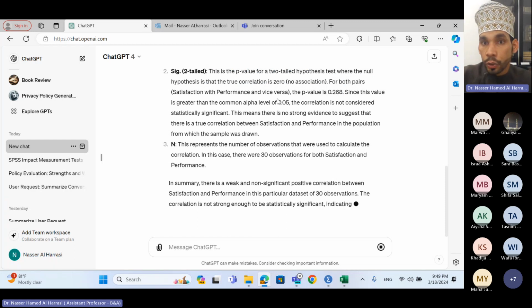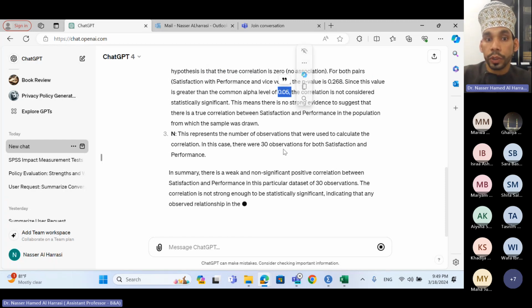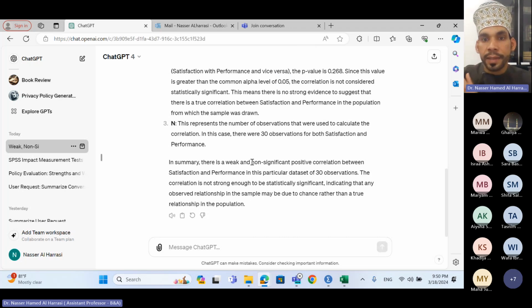See here, as I told you, 0.05. It will always tell you. Now, what is the summary? There is a weak and non-significant positive correlation between satisfaction and performance. The same things which I have explained. So it will help you to understand the meaning of that table, or how you can write or report the result of that table.